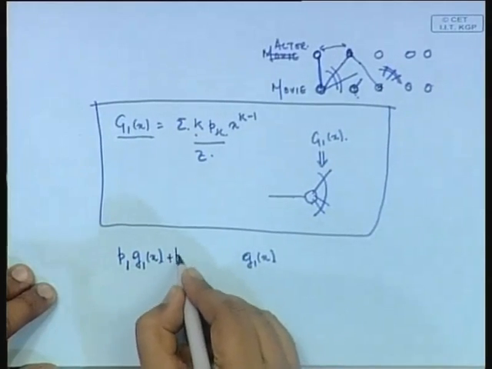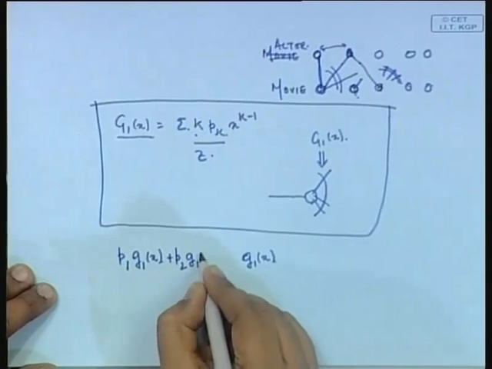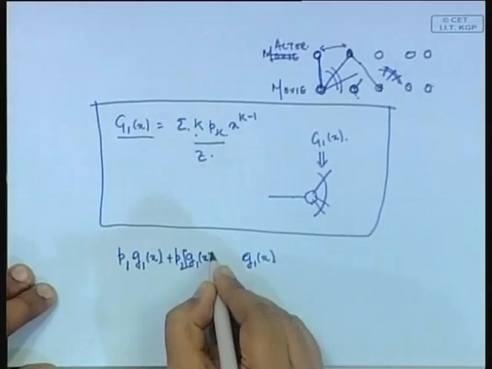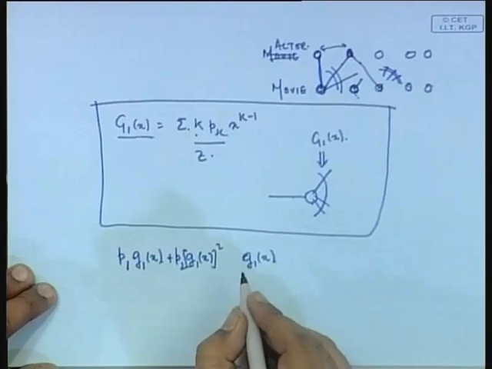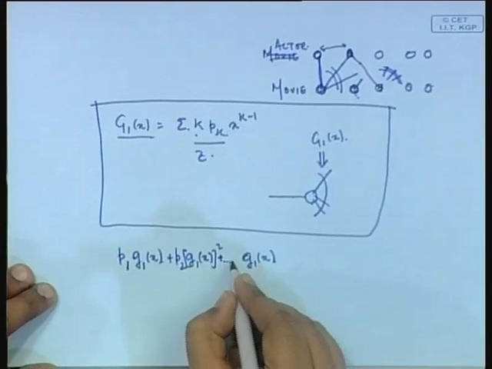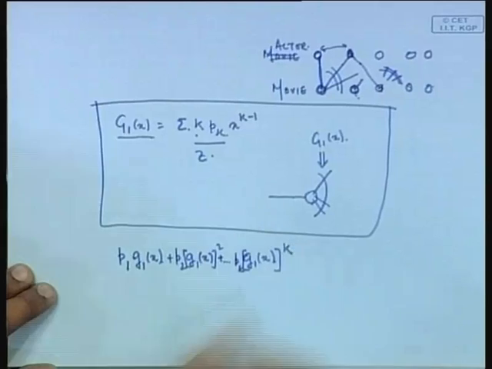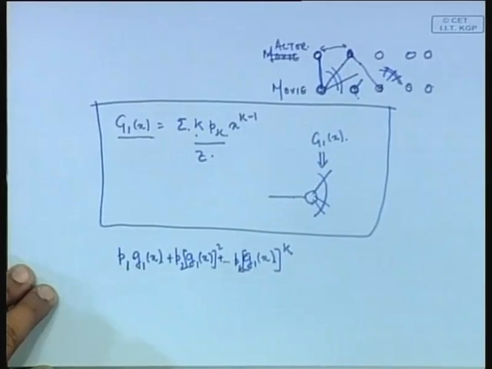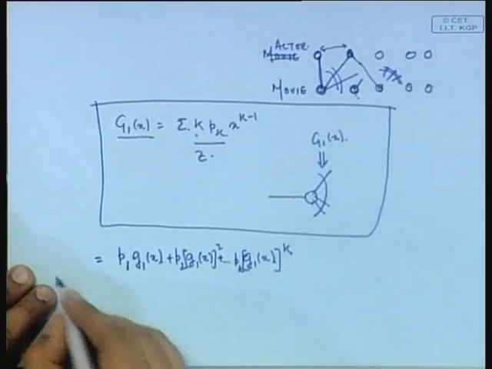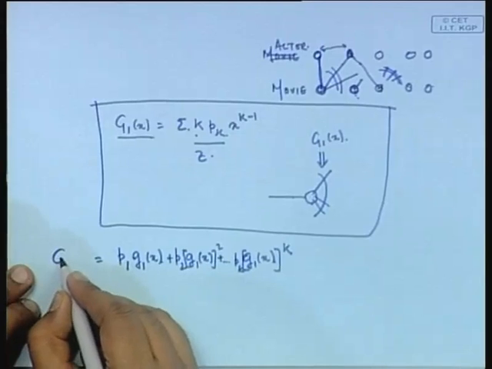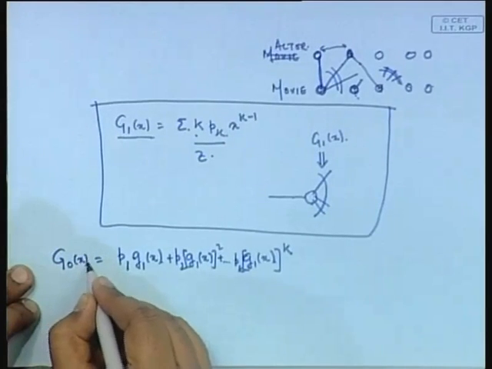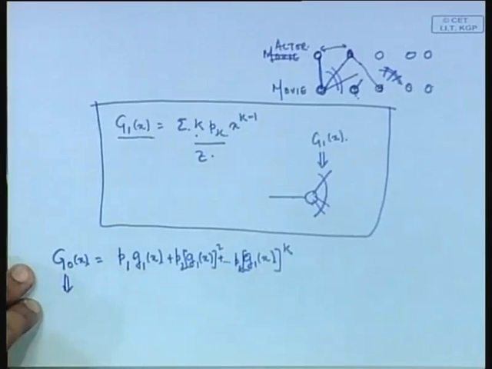It can have two edges, then both of them will behave independently and give you this distribution, and you can have k edges and all of them will behave independently and give you this distribution, and that is basically giving you the G0x.